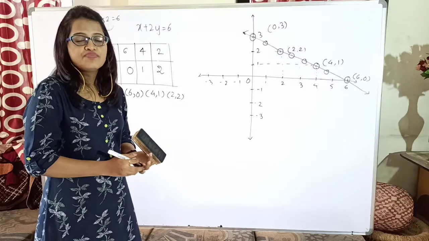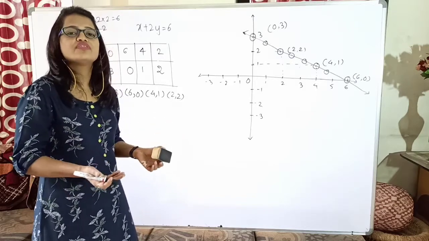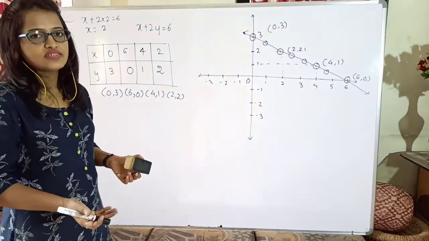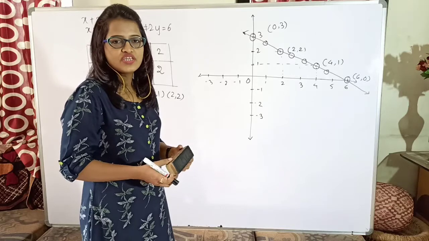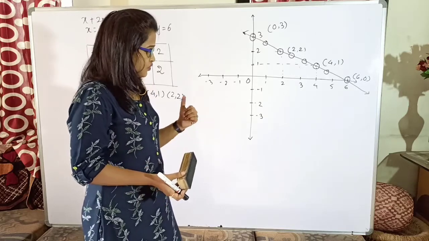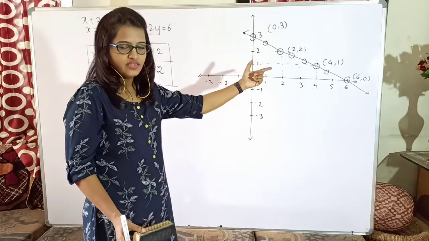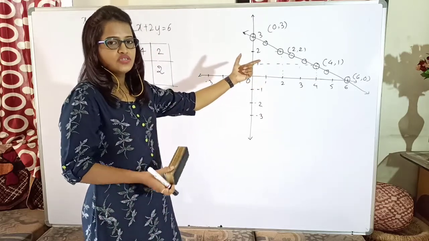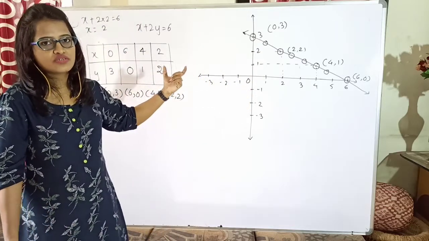Now what does it mean? It means that point is a solution, because only when LHS is equal to RHS do we call the respective point a solution of the given equation. Which means all the points lying on the line of the equation will be solutions of the given equation.